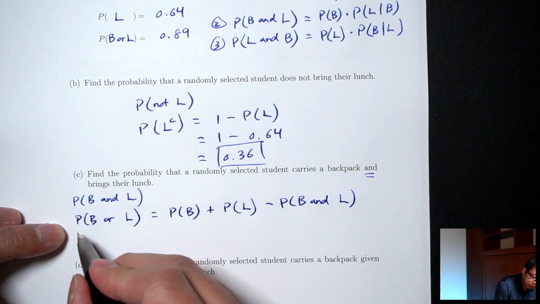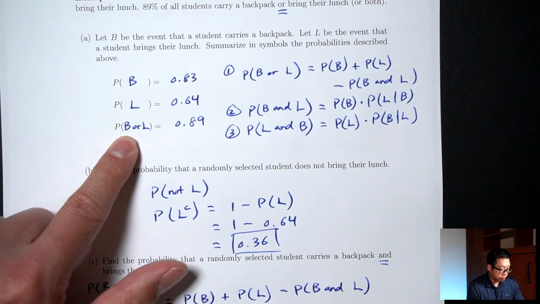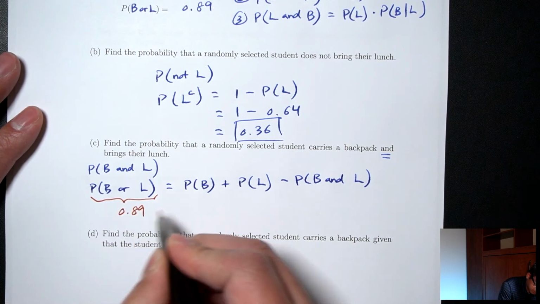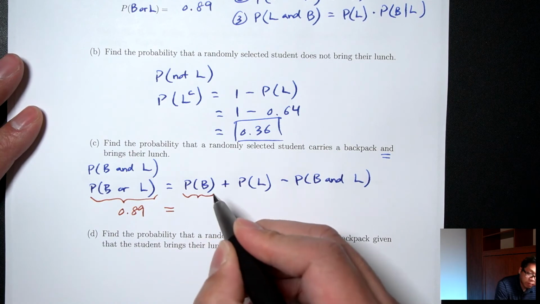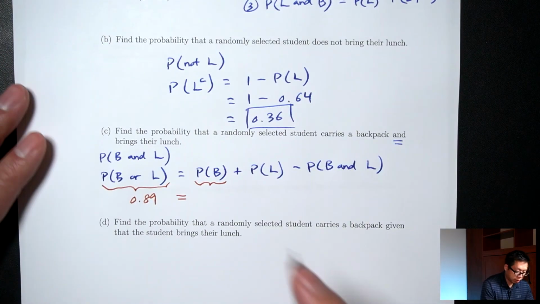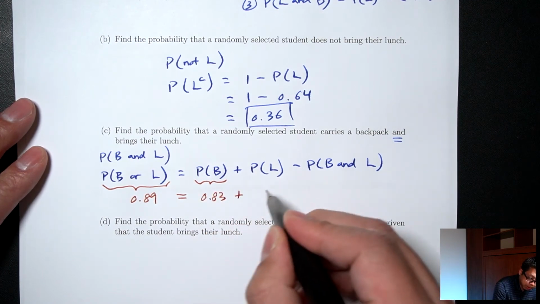Probability of B or L, we know, is 0.89. So that entire thing is 0.89. There's an equals here. Probability of B, we also know that's 0.83. There's a plus.